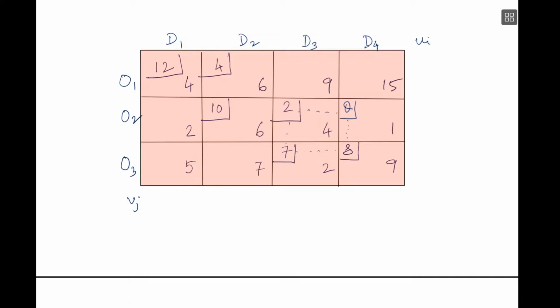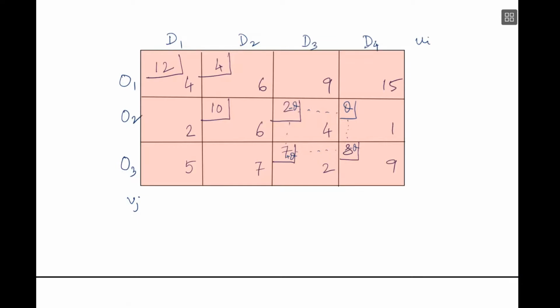So we can have the adjustment as 2 minus theta here, 7 plus theta here, and 8 minus theta here, so that the total supply and demands remain the same. So the new allocations at the 2,3 cell is 2 minus theta, the 2,4 cell is theta, 3,3 cell is 7 plus theta, and at the 3,4 cell it is 8 minus theta.